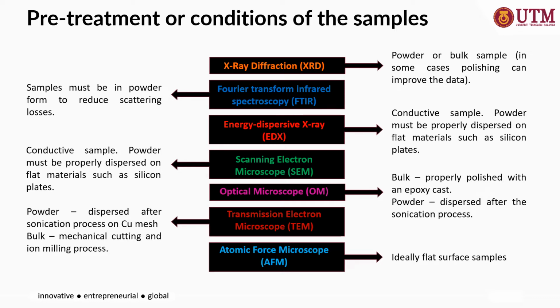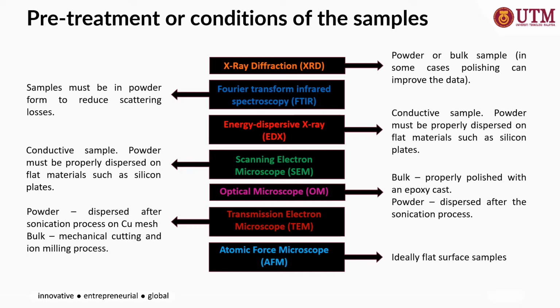You can polish the sample at the materials engineering laboratory in E06. For the FTIR, we need to use polymeric or organic sample. The sample must be in powder form to reduce the scattering losses. So if you use very big particles, the result won't be very nice.